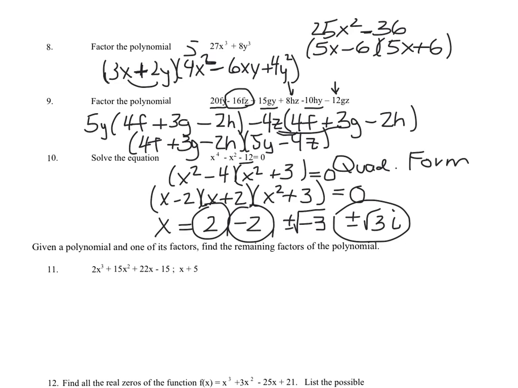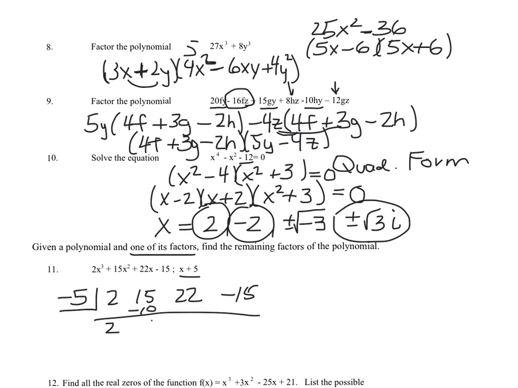Number 11, we're given a polynomial and one of its factors. So if this is a factor, that means negative 5 would be a solution or a root. So I'm going to put negative 5 out in front, list the coefficients. And what should happen here is I should end up with a remainder of 0, which I do.